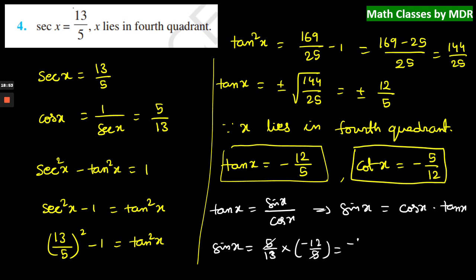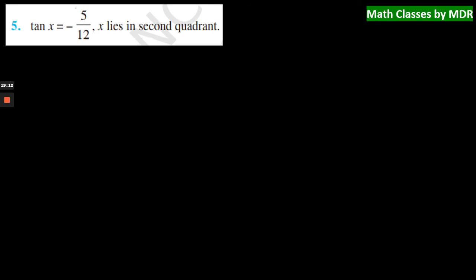So sin x is minus 12 by 13, and cosecant x is 1 by sin x, the reciprocal of minus 12 by 13, that is minus 13 by 12, right? Now we have all the trigonometric functions.